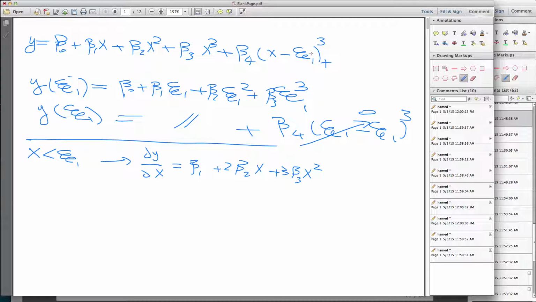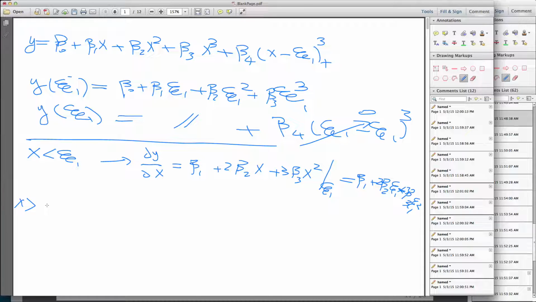And since this part was 0, nothing would change. So this function at psi 1 is beta 1 plus 2 beta 2 psi 1 plus 3 beta 3 psi 1 squared. Sorry for my very bad handwriting. My notepad cannot do better.